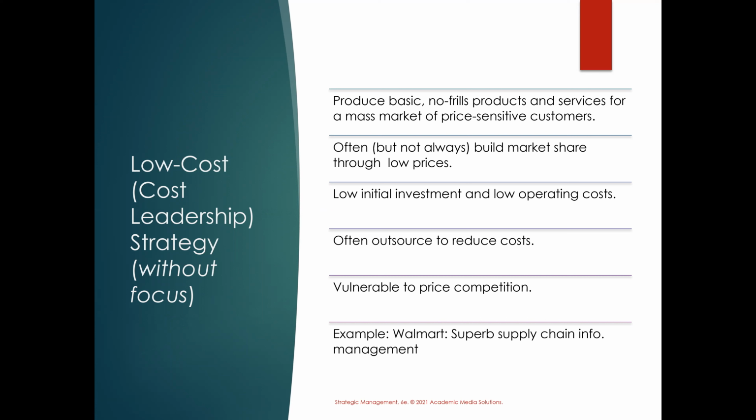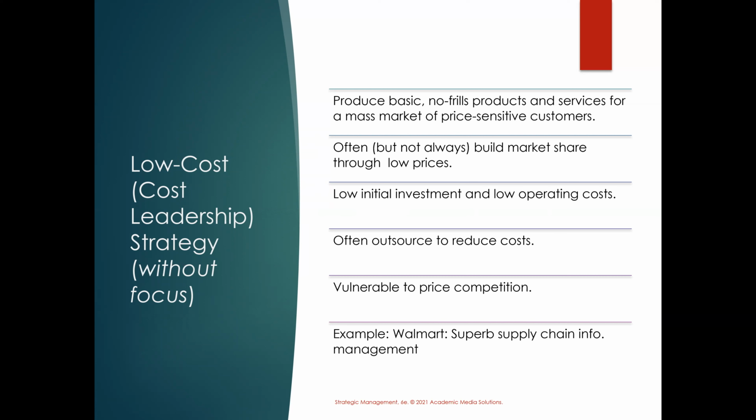However, this strategy can be very vulnerable to price competition, simply because others can adopt a similar strategy. If they figure out a way to make things cheaper to produce, then they can easily lower their price and outcompete you. And consumers at this point don't really care where they got the product from, simply because all these products will have very generic features. It makes it very difficult to differentiate one product from another, right?